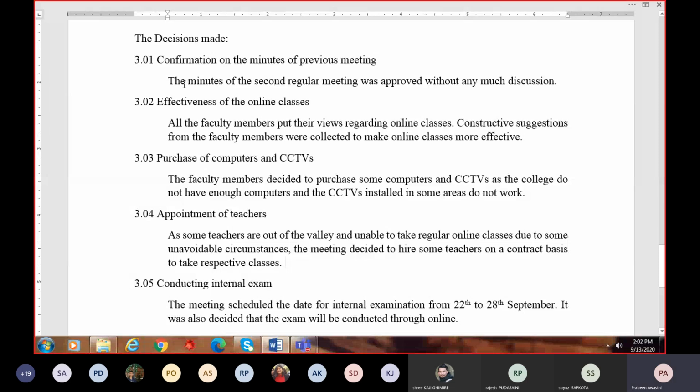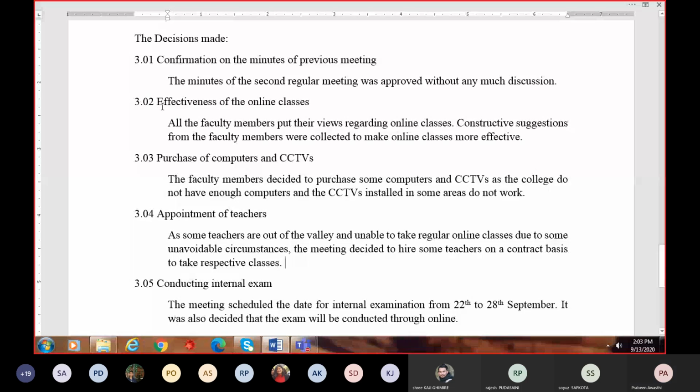Then 3.2. 3.1, the minutes of the second regular meeting was approved without any much discussion. You can write there were some agreements with some agenda from the previous meeting, but later on the disagreements were solved. You can write in that way. Or the committee decided to think over some minutes from the previous meeting. In this way also you can include, but write down decision made.